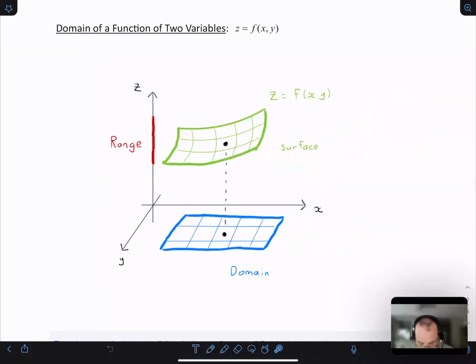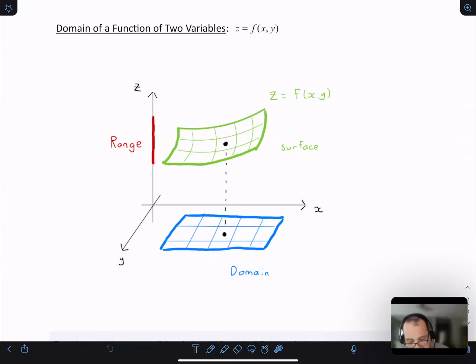So first thing I would like to just point out to you, just to have a picture in your head, what does it look like when you're talking about the domain of a function of two variables? A function of two variables means there are now two input variables and one output. So this could be an expression involving x and y. We put in a value for x and a value for y, and we get a single output z.